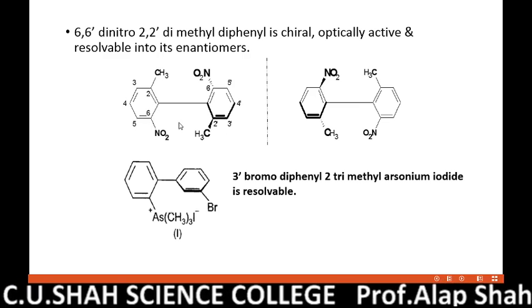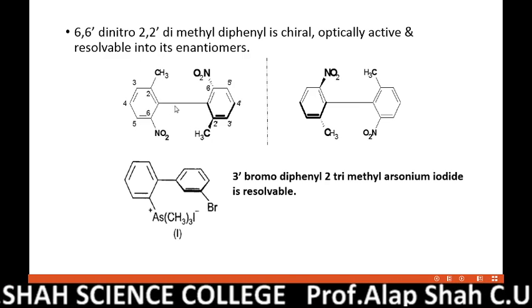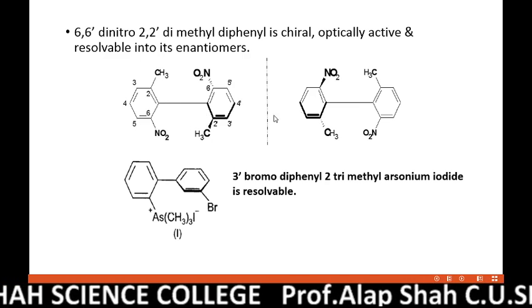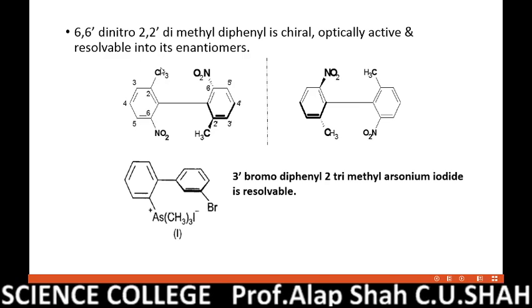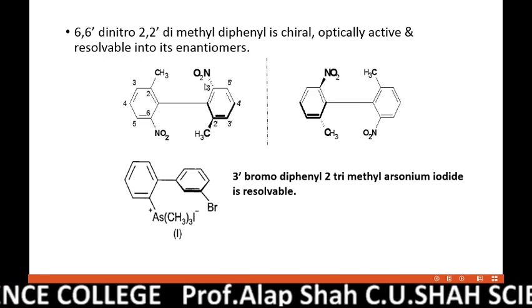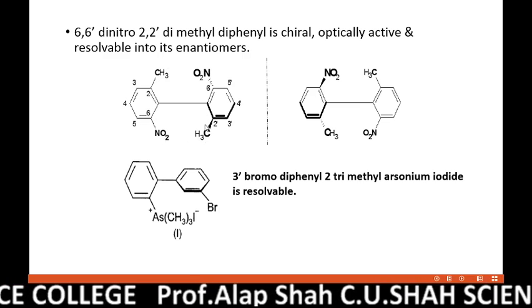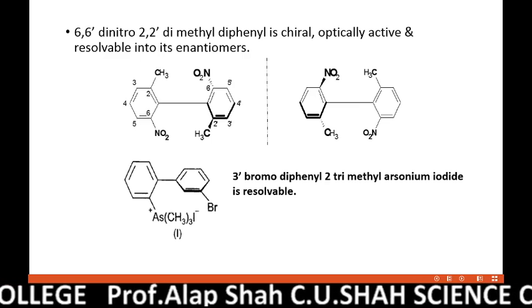Now it is chiral, optically active, and resolvable. This is its enantiomer. But as we discussed earlier, this ring cannot have both methyl or both nitro. The same for this ring, otherwise such a derivative could be achiral and optically inactive.